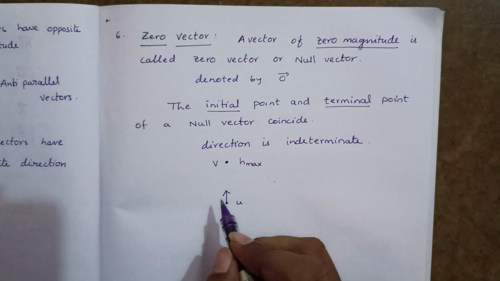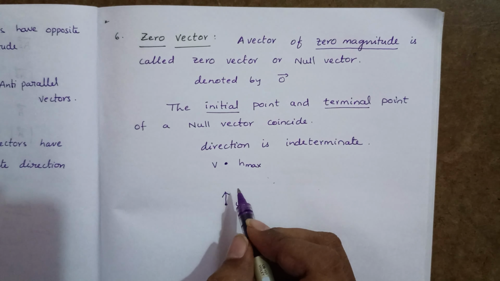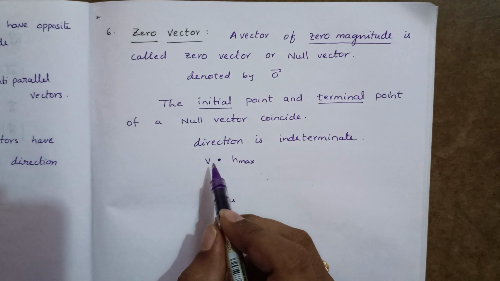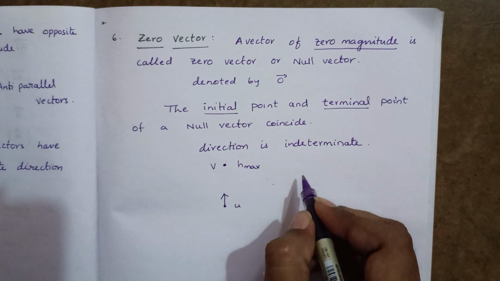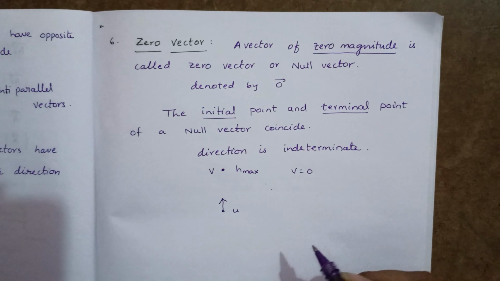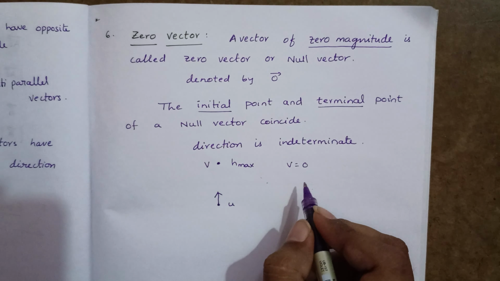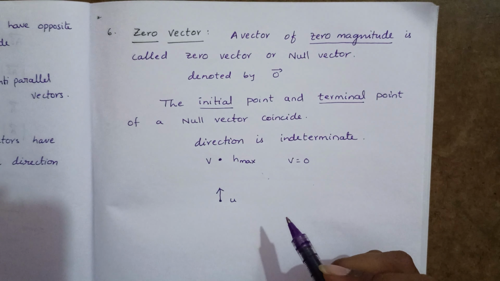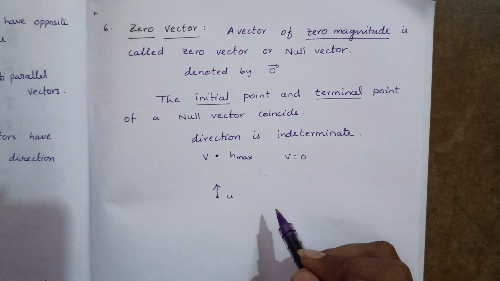The velocity of a vertically projected body at the highest point is 0. Then it can be denoted by a zero vector or null vector.